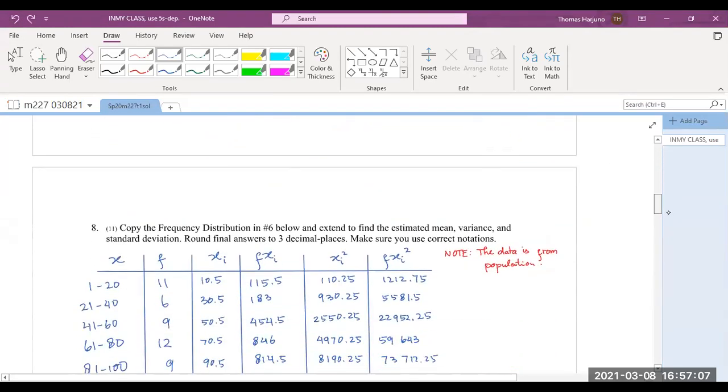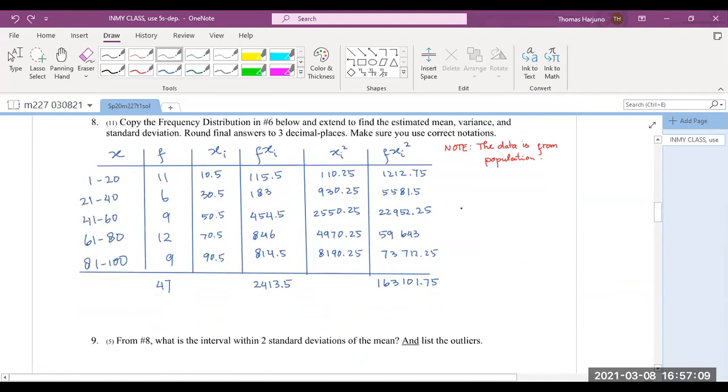so when we do the population mean mu, that will be 2413.5 over 47. 2413.5 over 47, that is 51.35106.